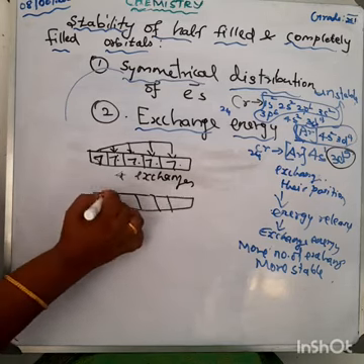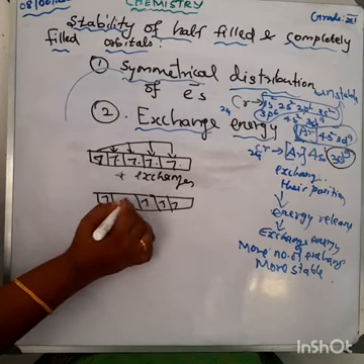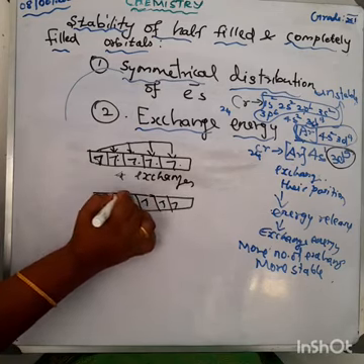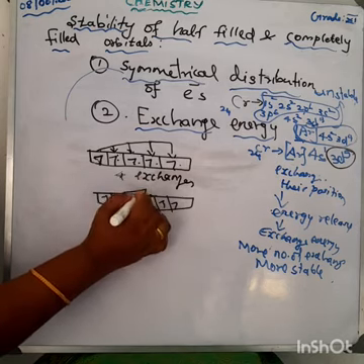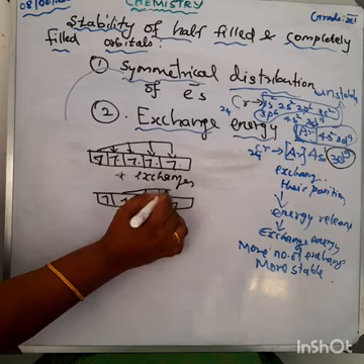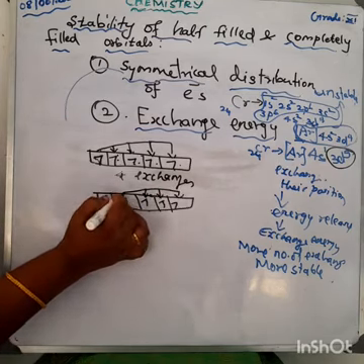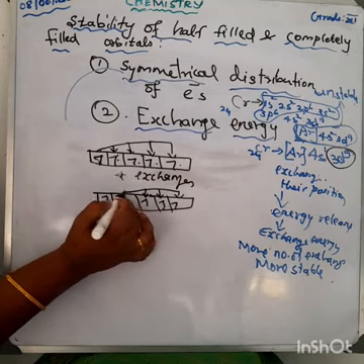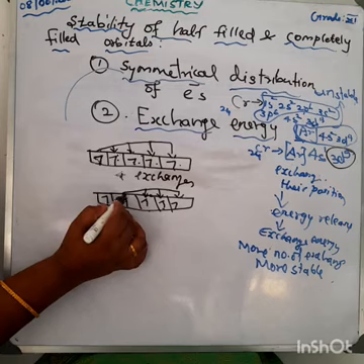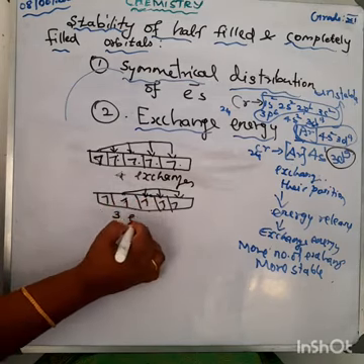Suppose I am taking this next electron. This electron can exchange its position with here, or here, or here. This electron comes here, and that electron goes there. So for this orbital, how many exchanges are possible? 3 exchanges.